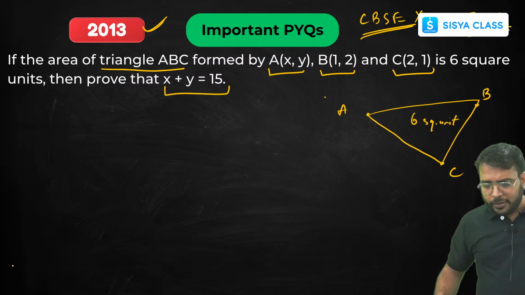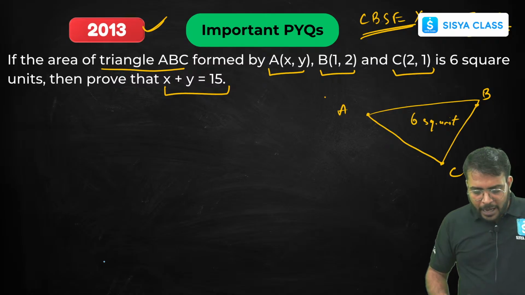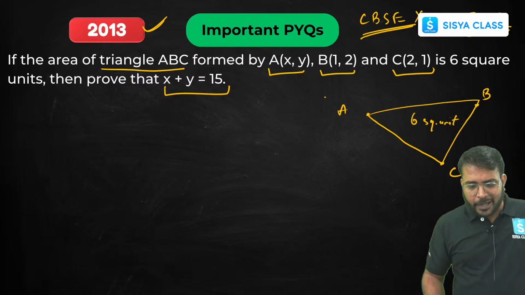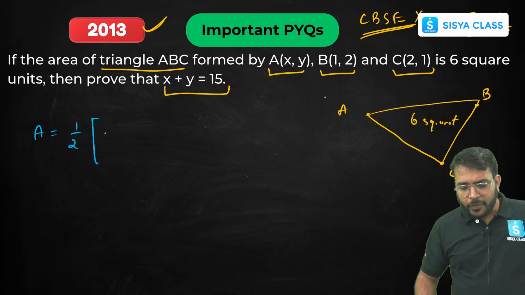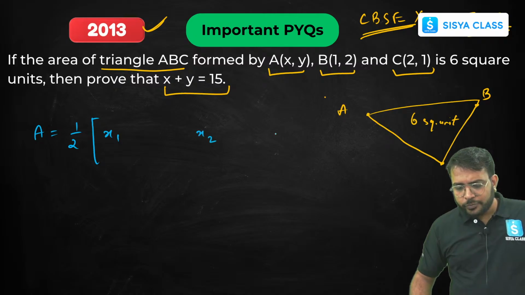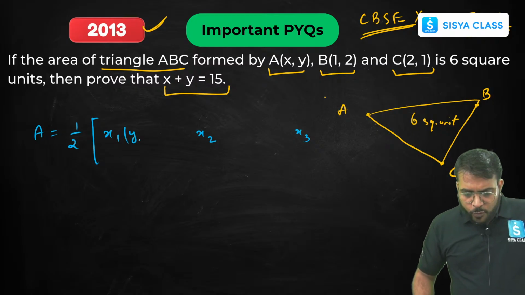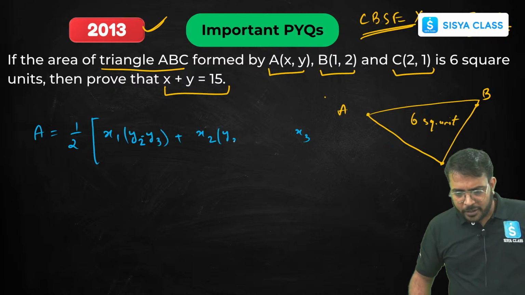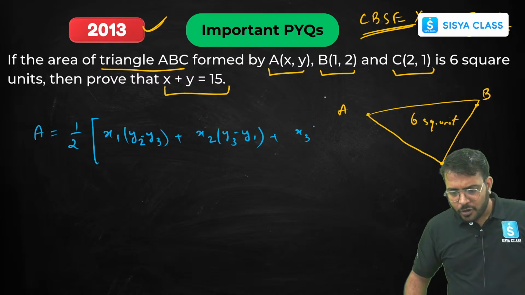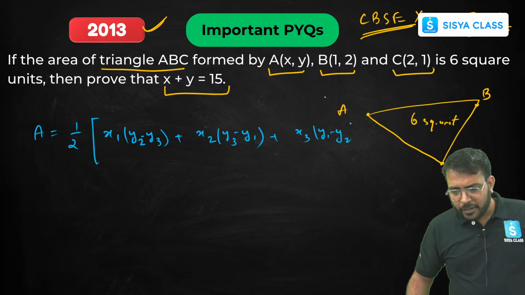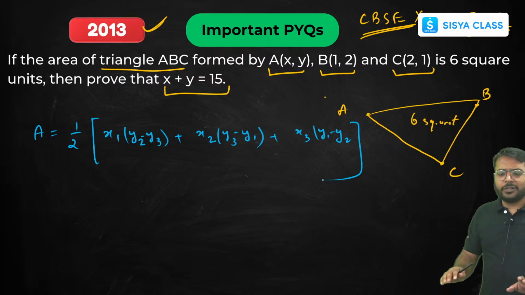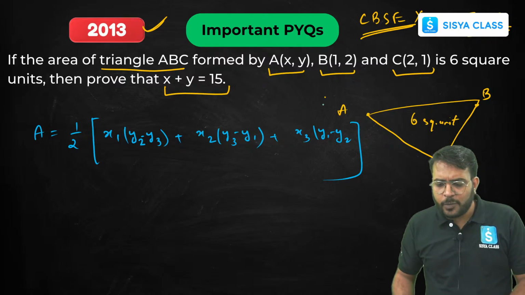Whenever 3 coordinates are given and you are asked to find the area, area is always given by half into x1 into y2 minus y3, plus x2 into y3 minus y1, plus x3 into y1 minus y2. Substitute your values and you will be able to prove this.